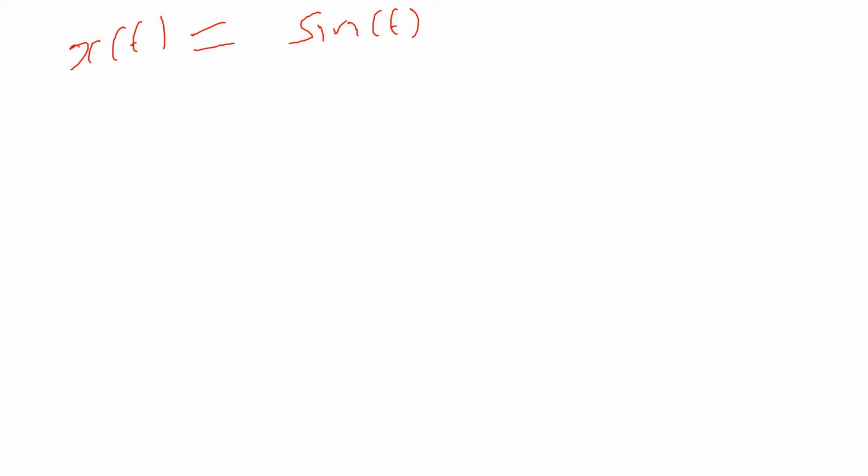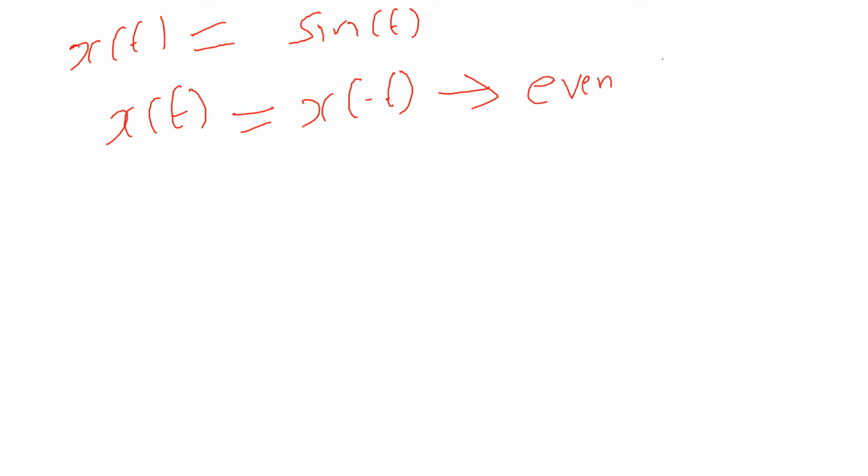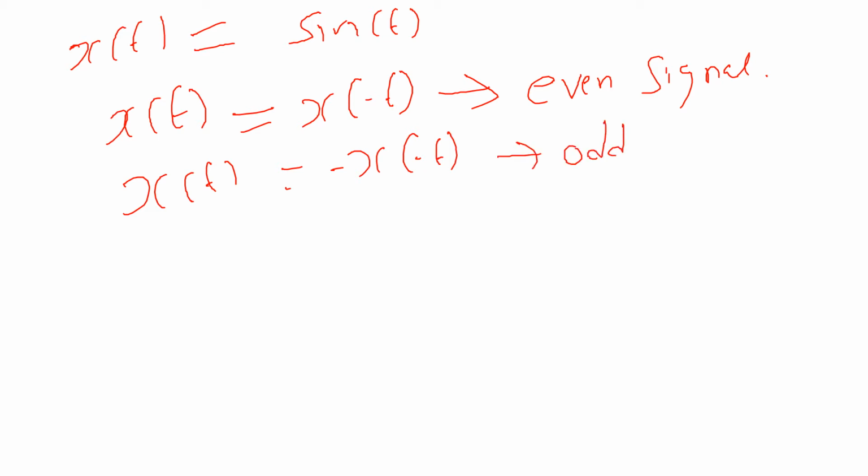So what is the condition to check? x of t is equal to x of minus t. This I am going to call an even signal, right? And x of t is equal to minus x of minus t. This particular signal I am going to call an odd signal, right?